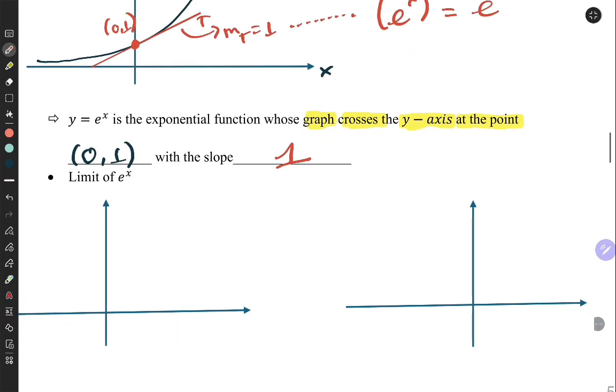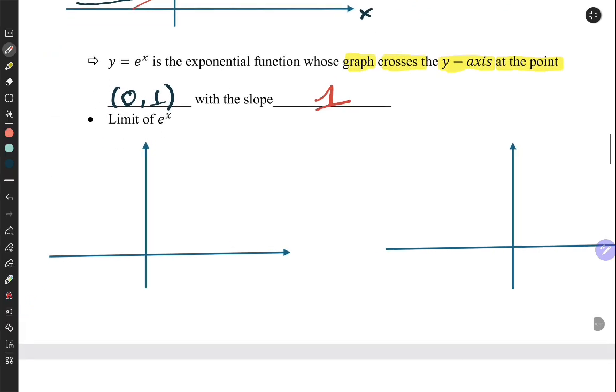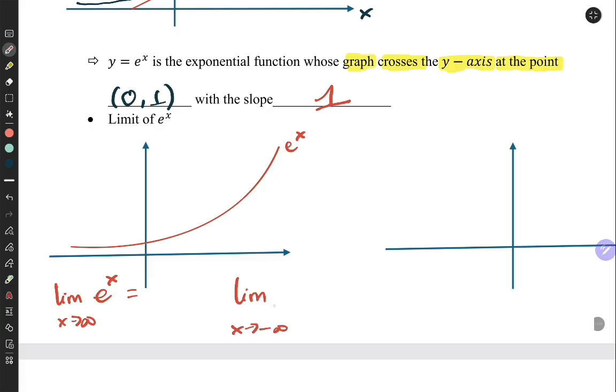Limit of e to the power x. I will draw it like this. Can you write out the limit as x approaches infinity, now that I know which function I'm talking about? And the limit as x goes to negative infinity of e to the power x equals... can you answer that?